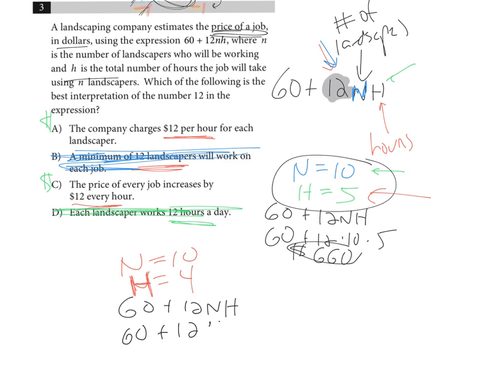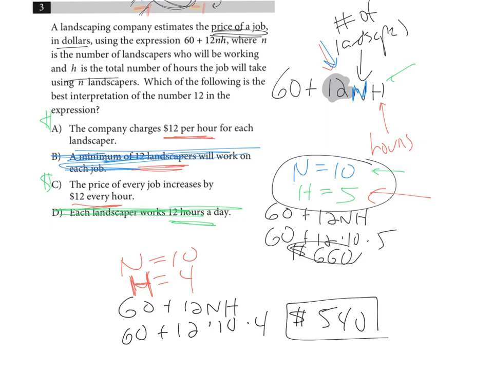I'm assuming that there's still 10 landscapers, so N is 10. But now they're working 4-hour shifts. What would the price of the job be? Here, $540. So which of the two answer choices that remain, A or C, represents this change?